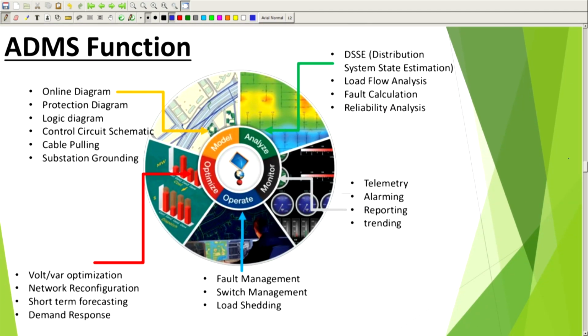The functionalities of ADMS: you can see there are model, analyze, monitor, operate, and optimize. In the case of modeling, you have the one line diagram, protection diagram, the logic diagram, control circuit schematic, cable pulling, the cable layout, how do you draw the cabling, how do you put up the cables such that the cable may not get damaged.